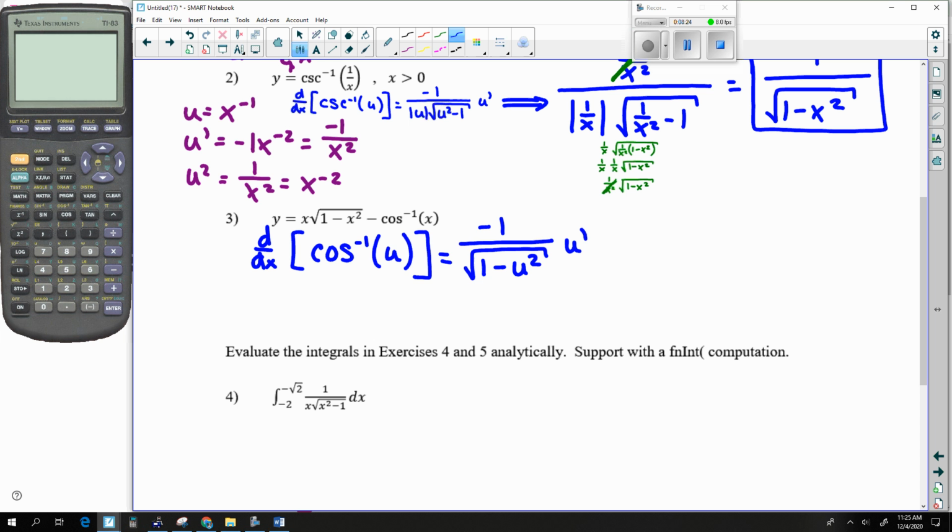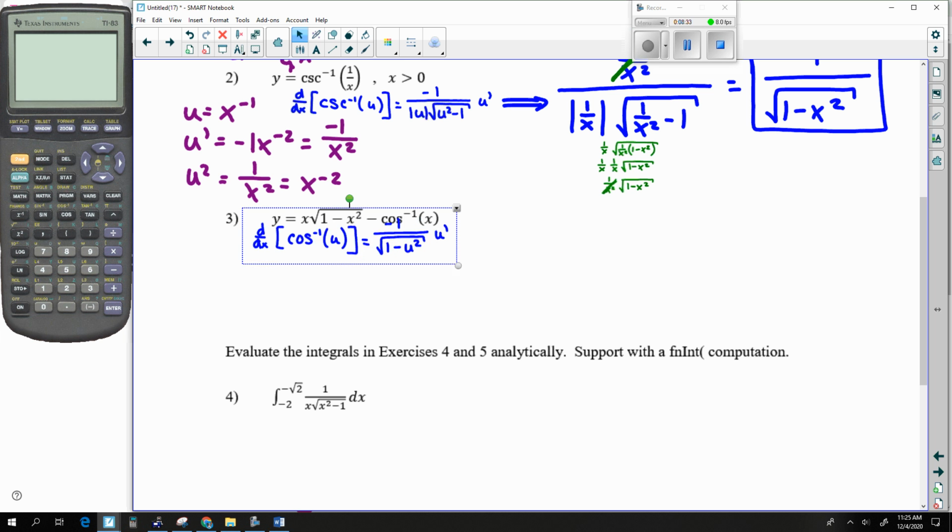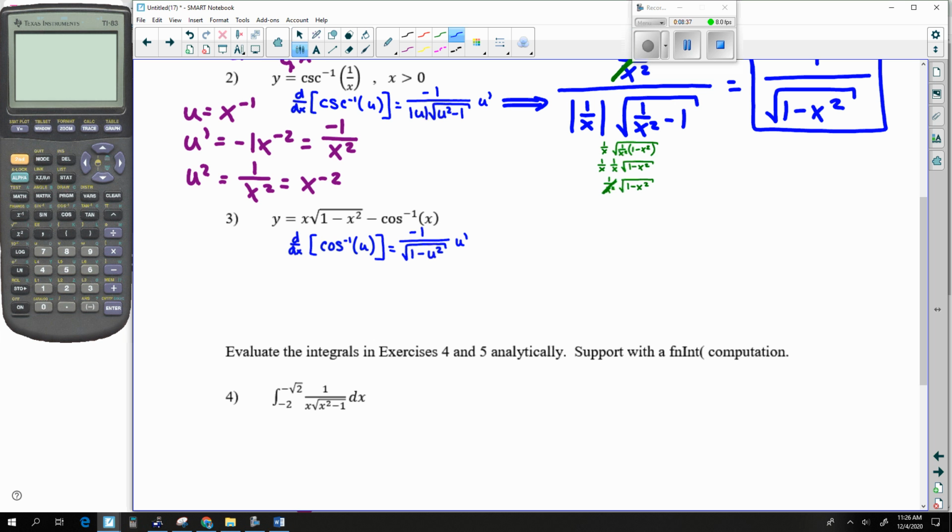So let's just worry about the cosine right now, and then we'll worry about the rest of the problem in just a second. But let's handle our business with the cosine. So what I see is u is equal to x. That means u prime is equal to 1, and that means u squared is equal to x squared.